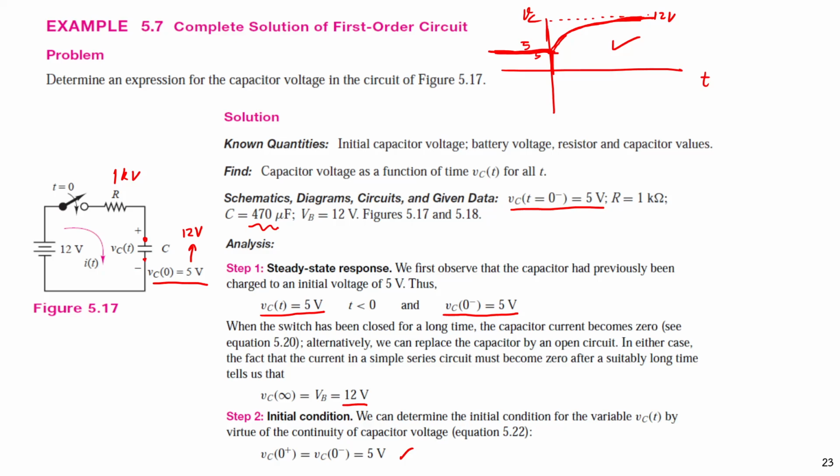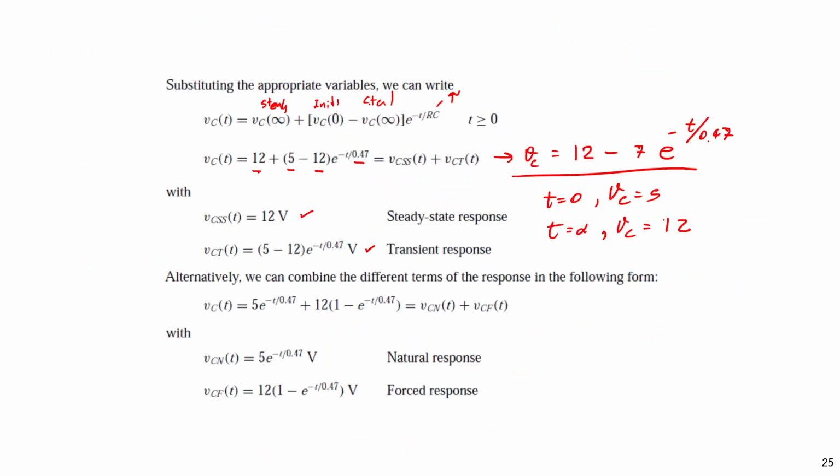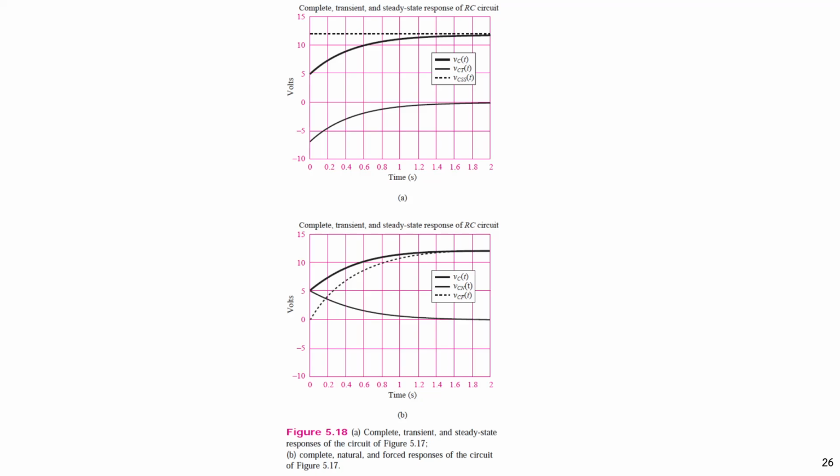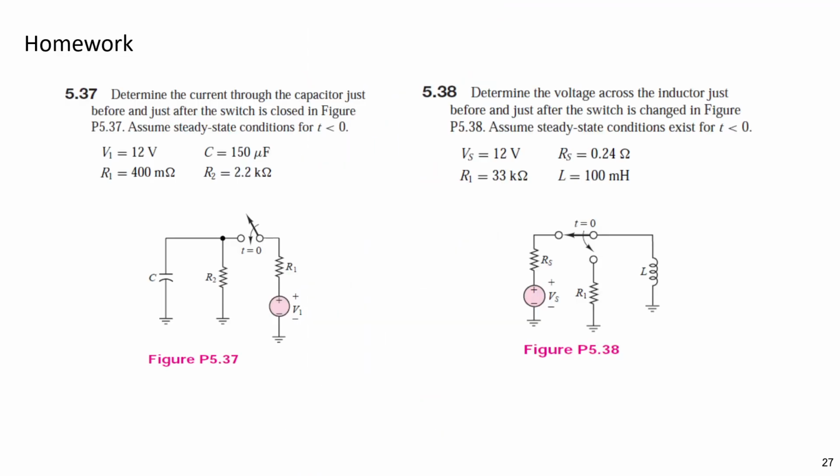The response of Vc is this term. If we plot only the natural response, it is like this. When we add the forced response term, we get this.